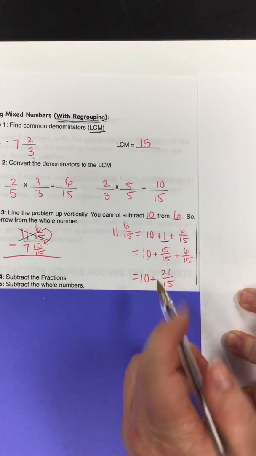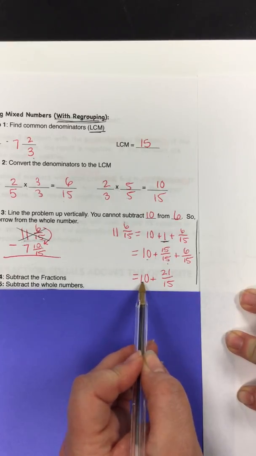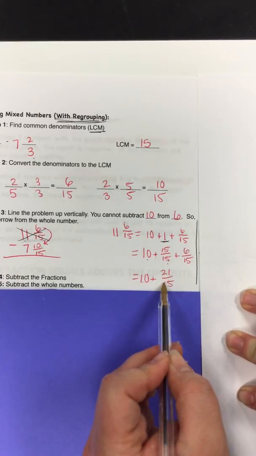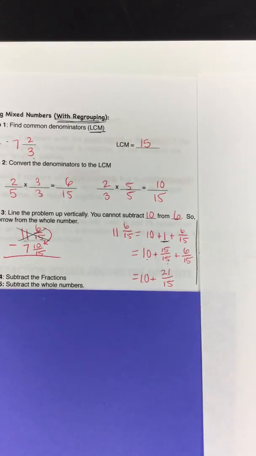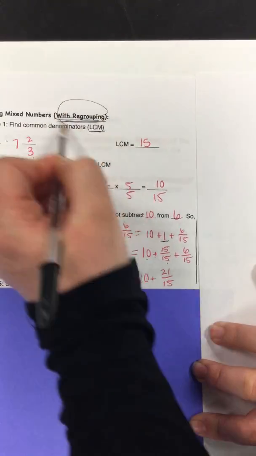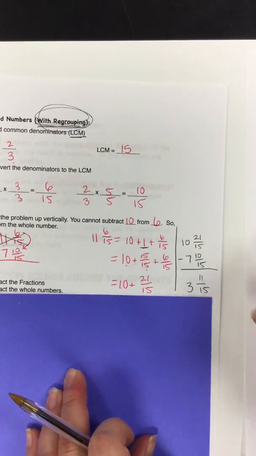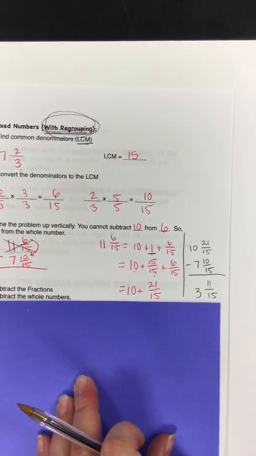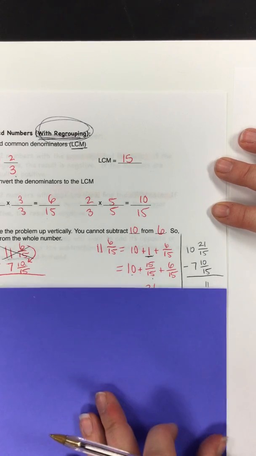Okay? If I combine my two fractions together and add them, I would end up with 10 and 21/15. Now, yes, I know that this is an improper fraction, but for this type of subtraction problem with regrouping, that is a-okay. So now let's look at this vertical subtraction problem.